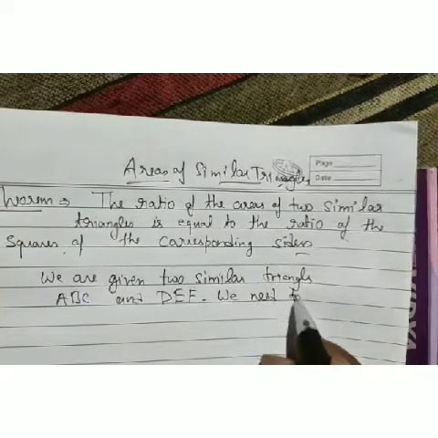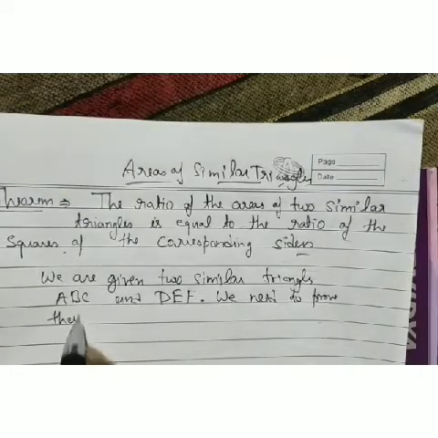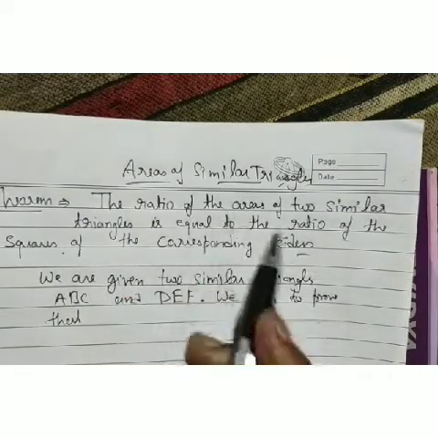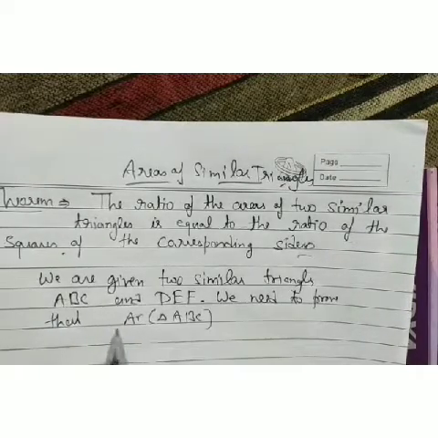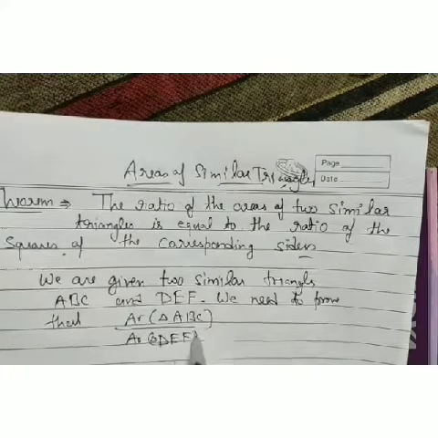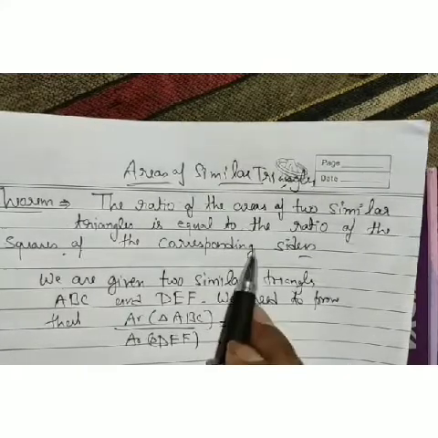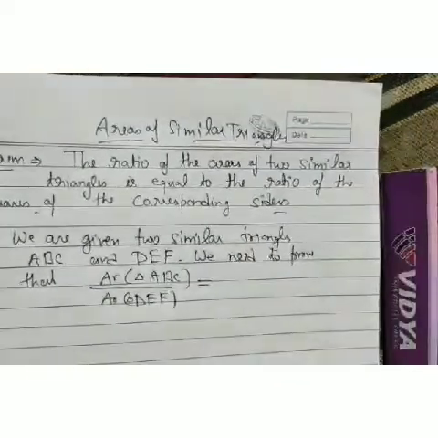We need to prove that the ratio of the area of triangle ABC to the area of triangle DEF is equal to the ratio of the squares of their corresponding sides.